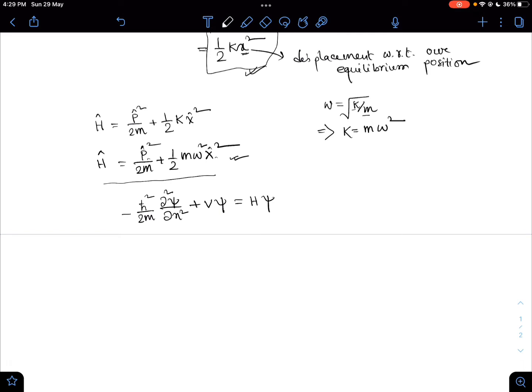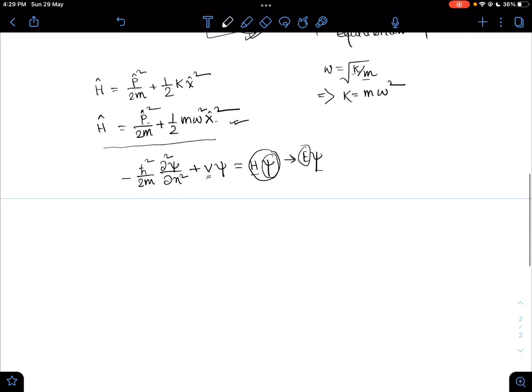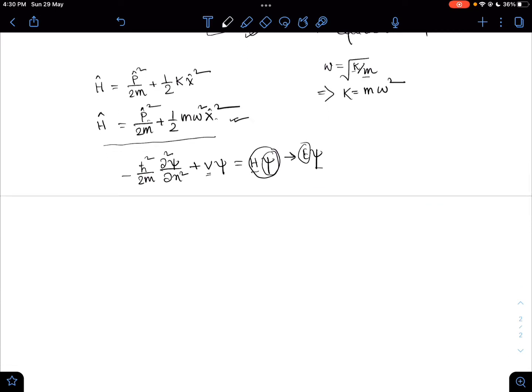If we put our potential here, and psi is our eigenstate of the Hamiltonian, then H psi can be written as E psi. From here we can find E and psi accordingly. So this is the brute force method, and another method we have is the ladder operator method.